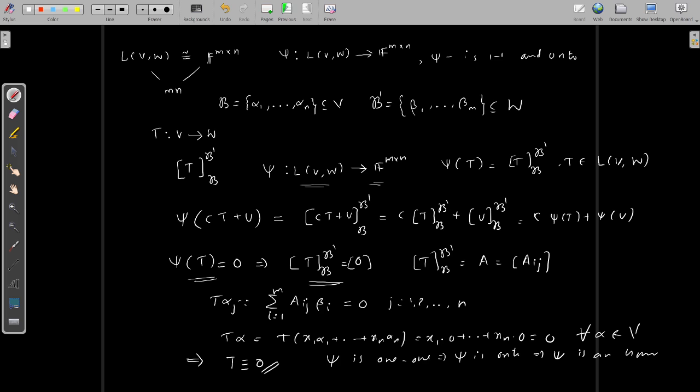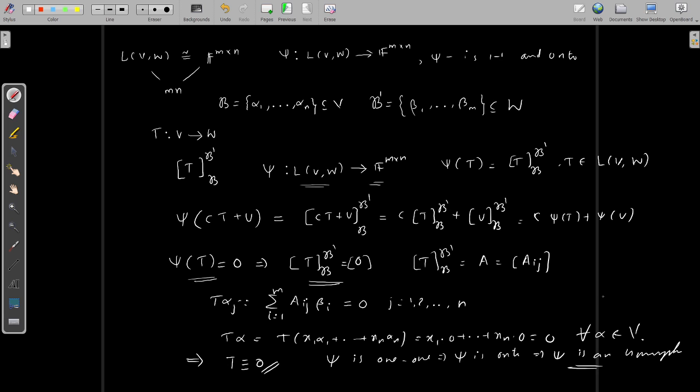These things can be found in the textbook, where they are termed as theorems. That means the representation of the matrices, and as a consequence we can prove that L(V,W) is isomorphic to F^(m×n). So this is theorem 11 and theorem 12.